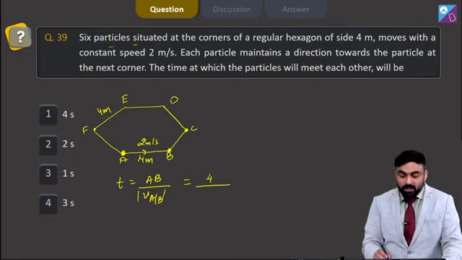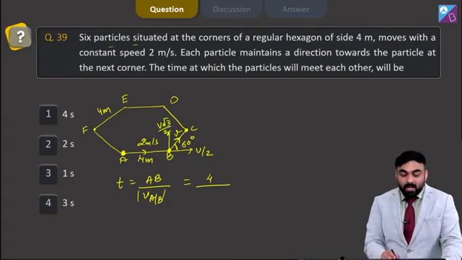So let's say B is moving in this particular direction. Actually B is moving in this particular direction. If we resolve the component, as this is 60 degree because it is a regular hexagon, this will be V by 2 and this will be V root 3 by 2. Now A is following a horizontal path when it is traveling the AB distance.